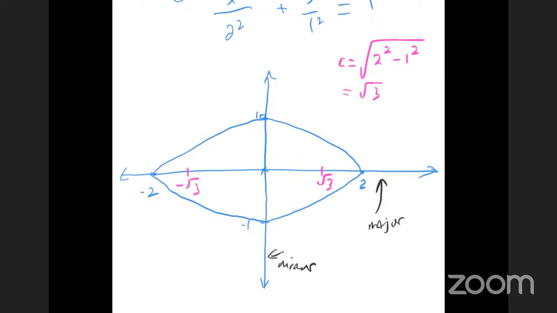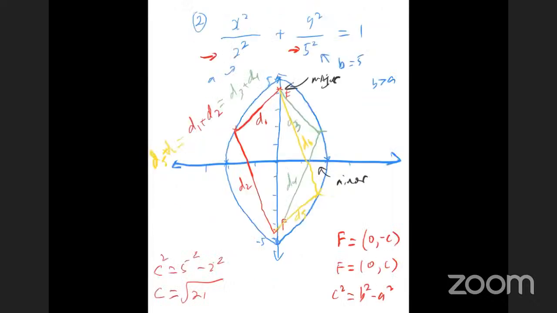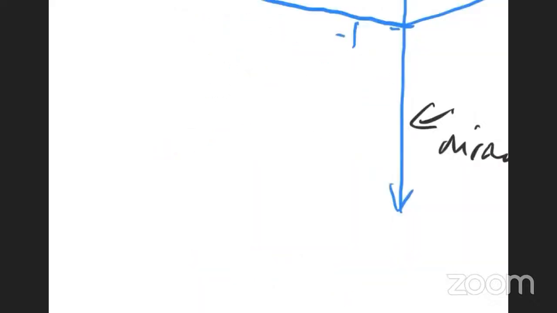So I have a little question here. How do I turn this one here? Oh, by the way, is this an ellipse? 9x squared plus 4y squared is 36. Is that an ellipse? What to do?